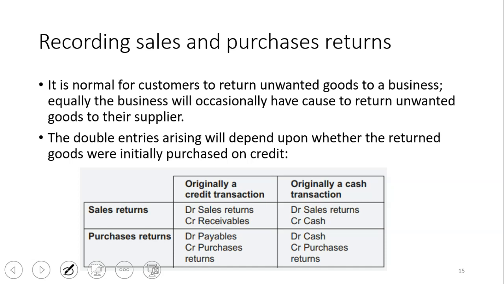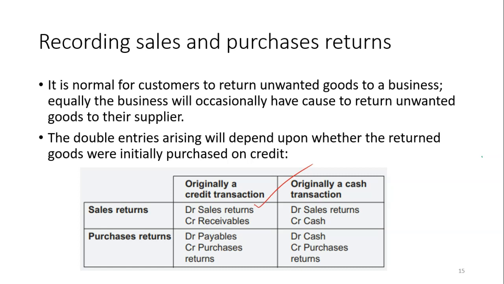Originally a credit transaction, or originally a cash transaction. So we need to know if these goods were bought on cash or credit. For example, sales returns: if they were originally bought on credit, we are going to debit the sales returns.